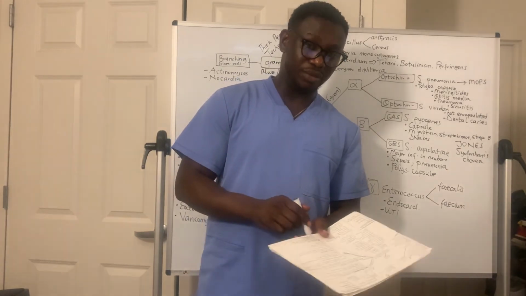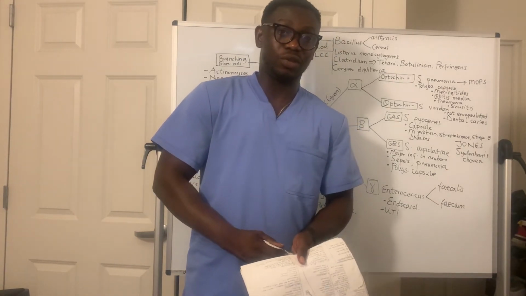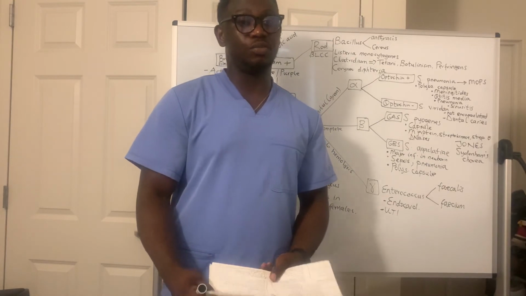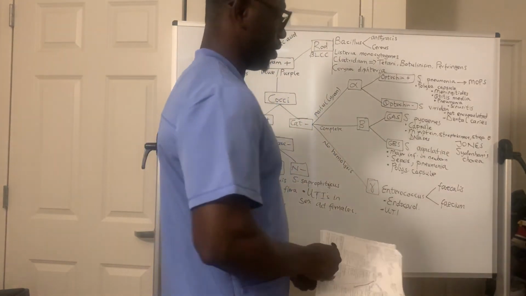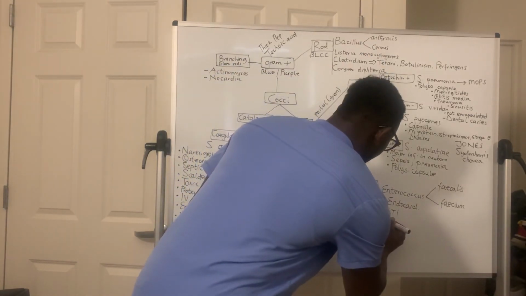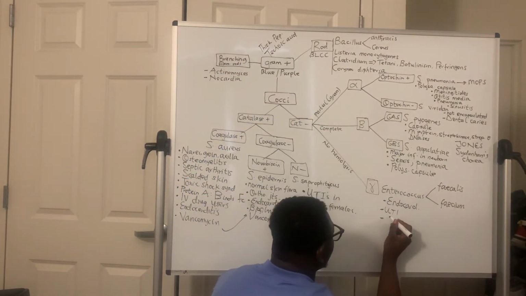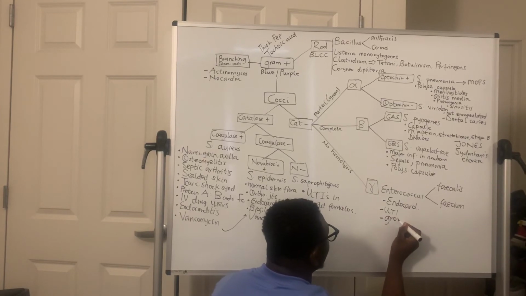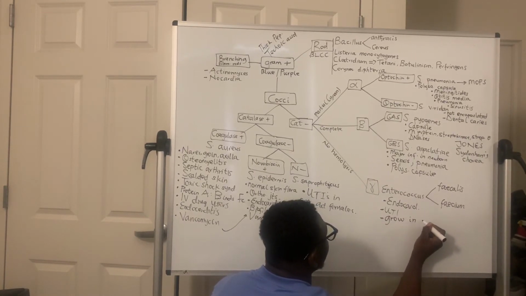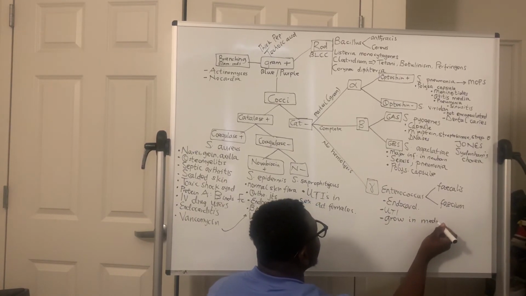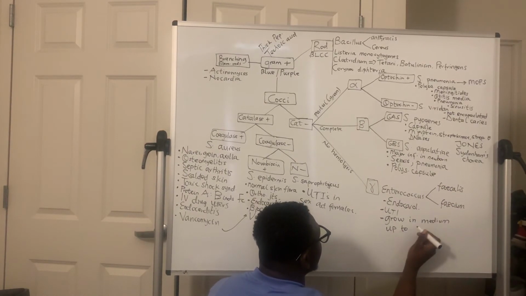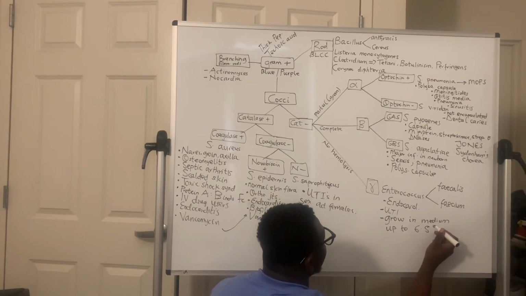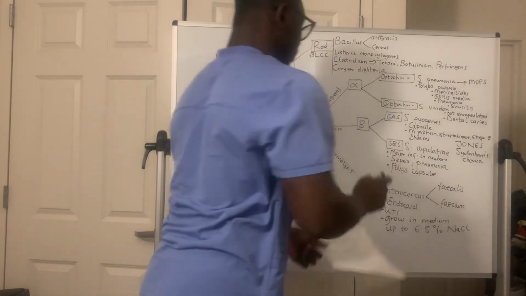When you put them in a medium containing sodium chloride, they grow up to 6.5% sodium chloride. That's another high yield point.